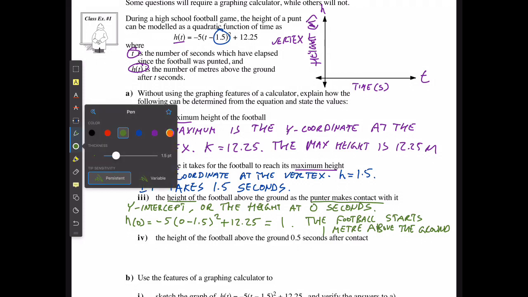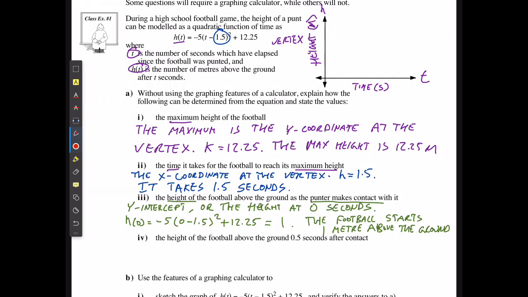Much like with the last question, the height of the football above ground 0.5 seconds after contact is going to be when I replace the t value with 0.5. And I would say that it would be -5(0.5 - 1.5)² + 12.25, or 7.25.